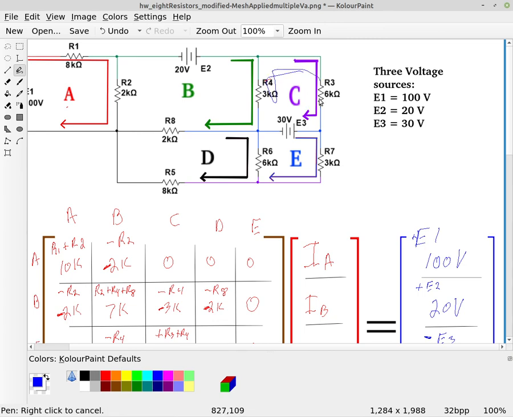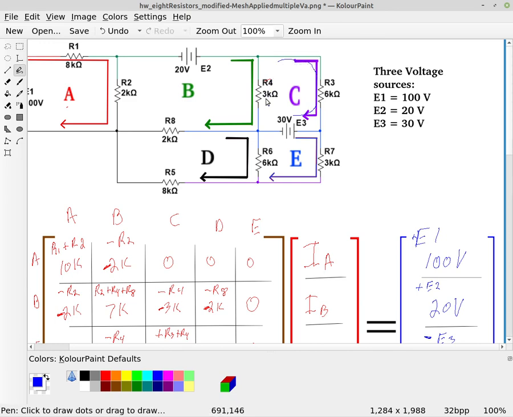Loop C here is defined as going clockwise, but it's got this 30 volt source inside it that's pushing the opposite direction. And because of this 30 volt source, it turns out that IC is negative.